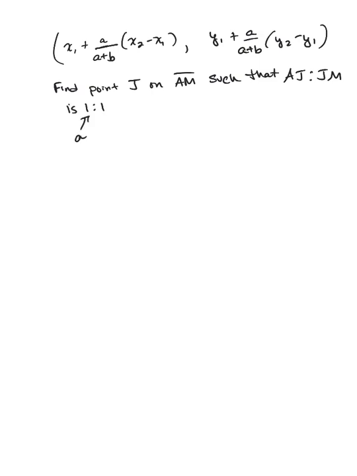Okay, this number is a, this number is b. If AM has coordinates A (-3, 4) and M (1, -2).